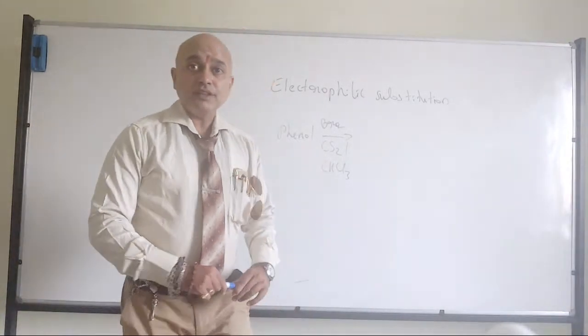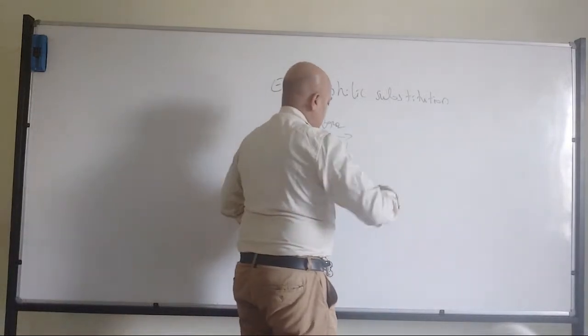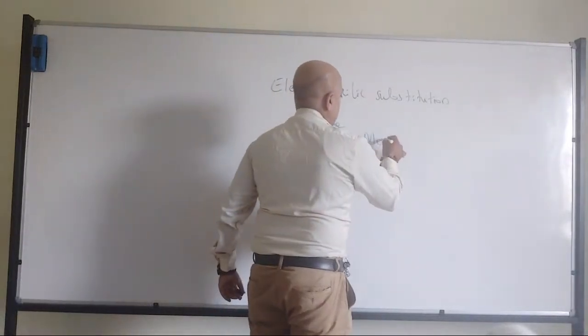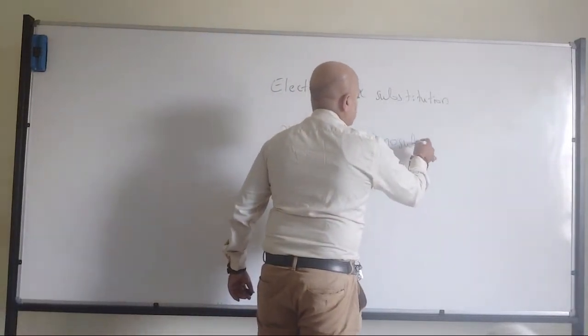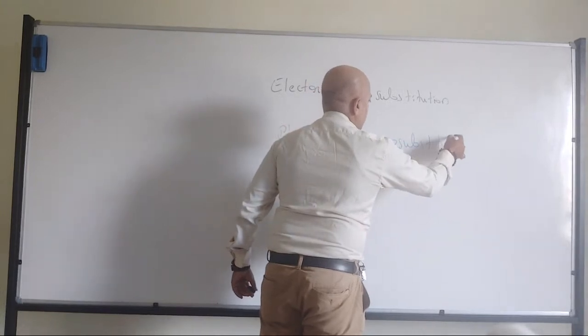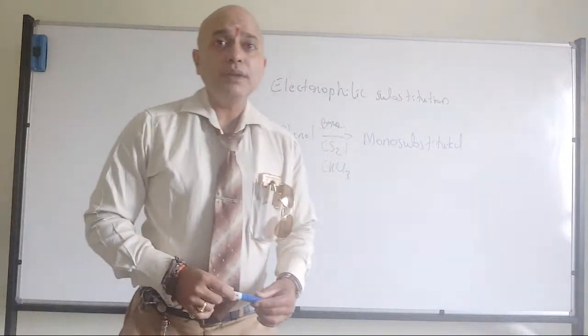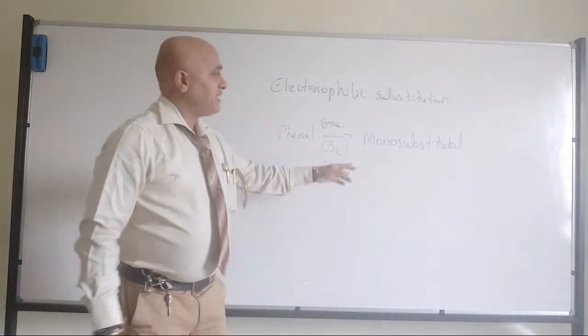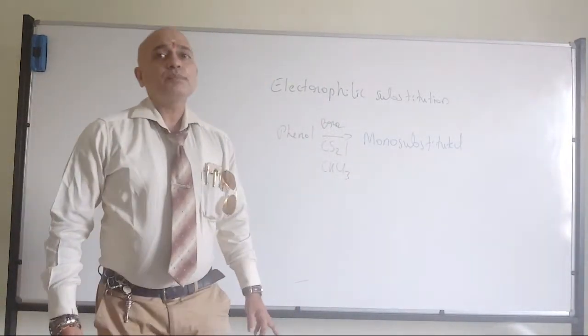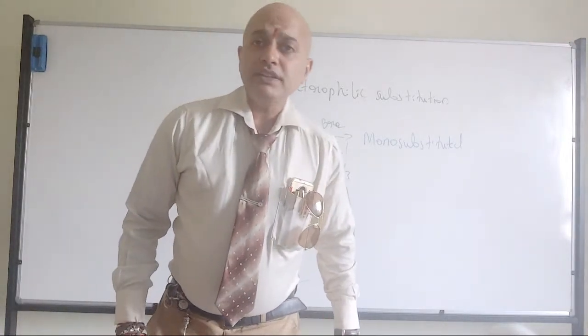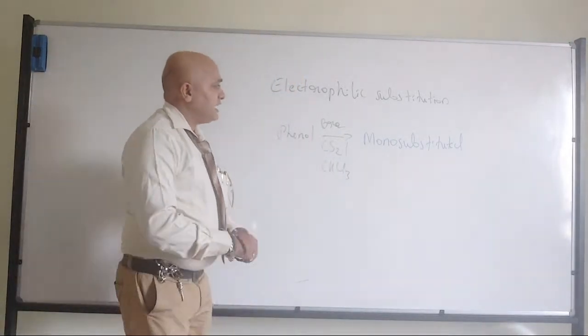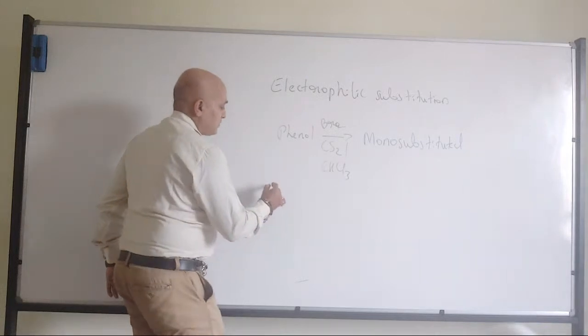Anyone? The product will be the mono-substituted product. Either it can be ortho or it can be para. All of you have understood? So that's where we have bromine in organic solvent.